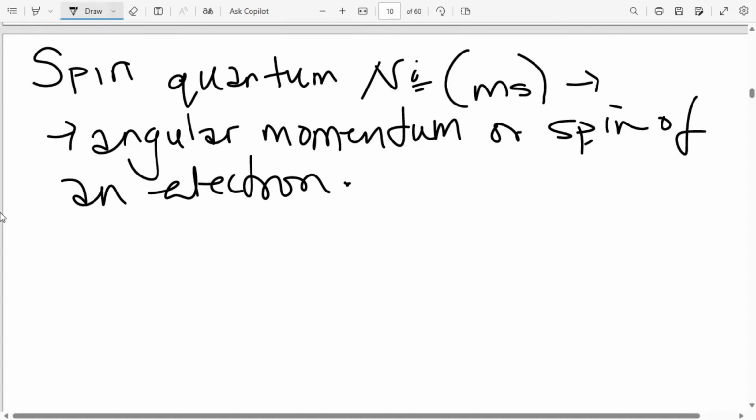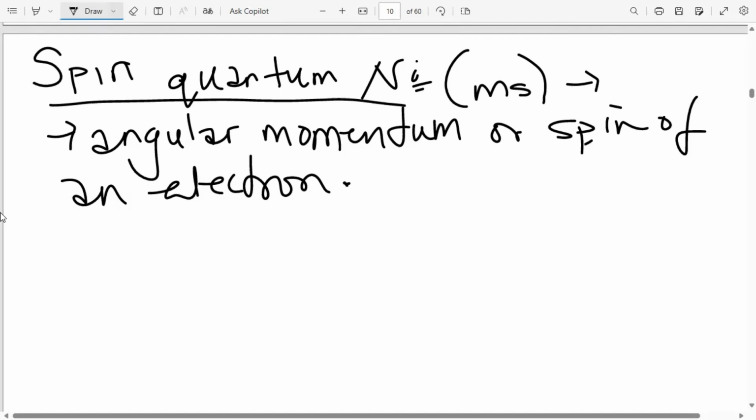Why do we have this type of quantum number, which gives us the spin of an electron? It's because electrons mostly behave as if they are spinning, and by so doing, they create small amounts of magnetic field.